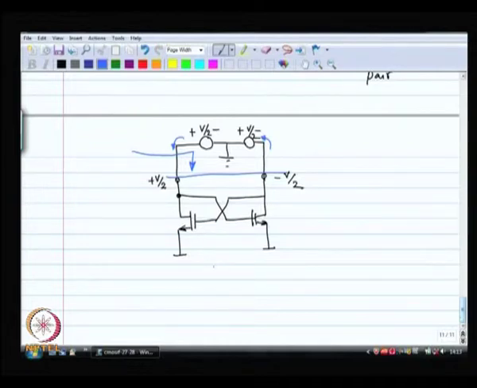So, the voltage here is V by 2, the voltage at the gate over here is V by 2, voltage at the gate over here is minus V by 2, and let us replace the MOSFET with its typical small signal model. The small signal model of the MOSFET is what I am going to use for now.